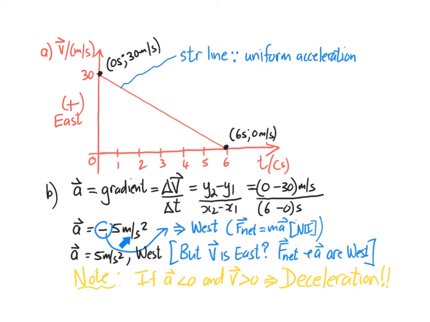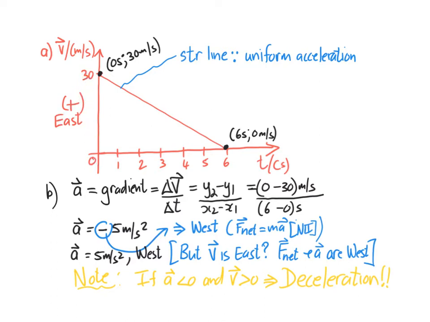Now, when we work with acceleration and with velocity, we must be very careful that we are aware of what the negative sign means. In this particular case, the velocity is positive.